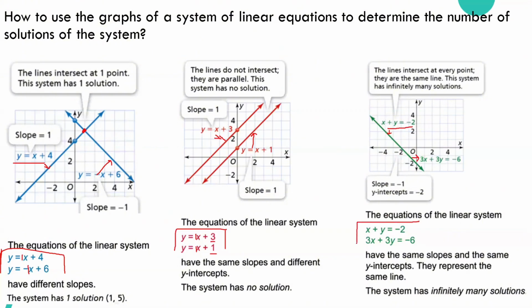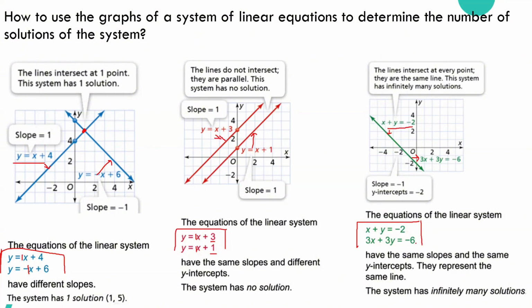Looking at the equations as they are here, once a system has infinitely many solutions, it means that the slope is the same and the y-intercept is the same. Here we have x plus y equals -2, and here we have 3x plus 3y equals -6.